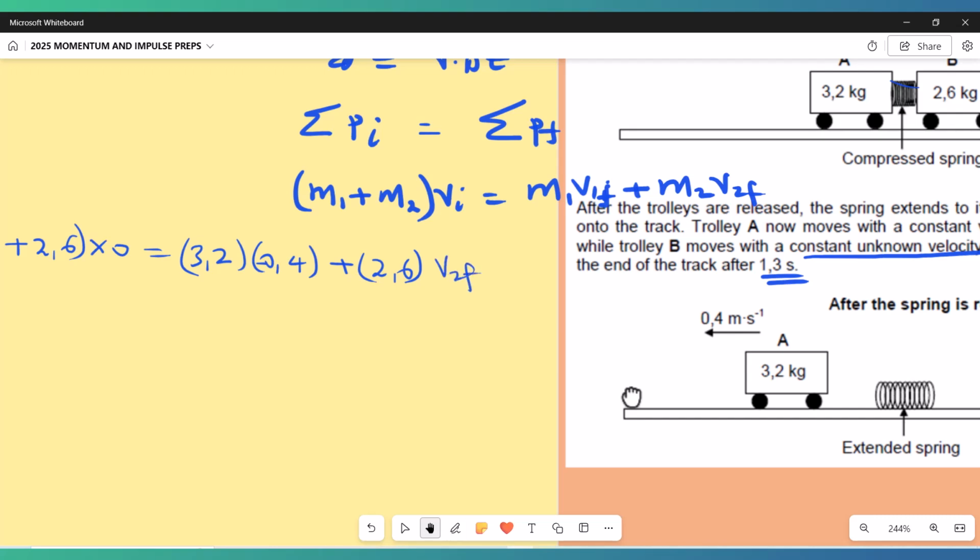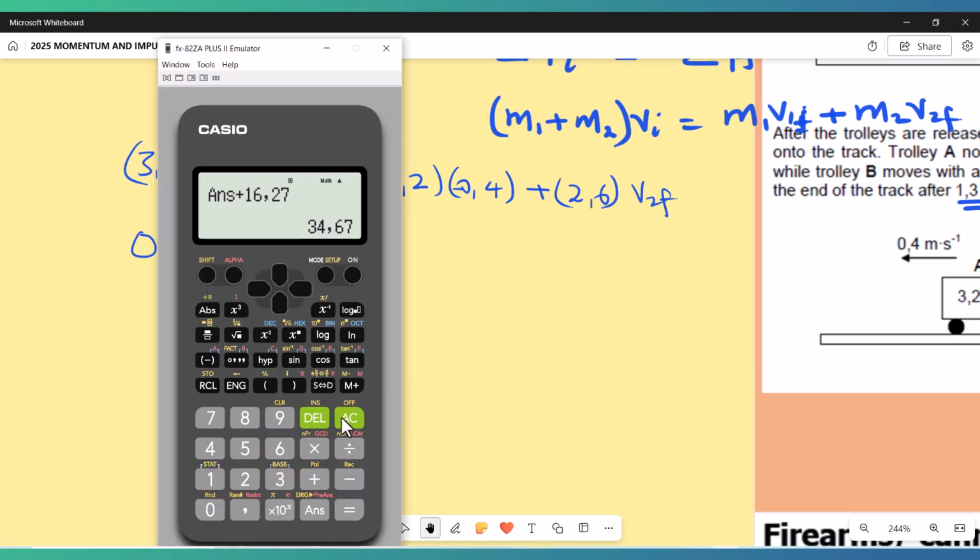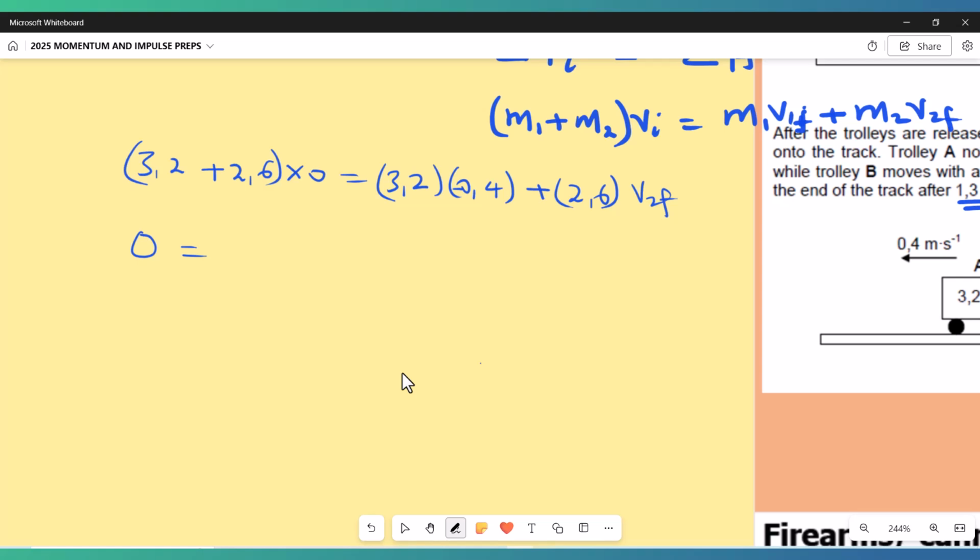This side is going to be 0. What about here? 3,2 times 0,4 gives 1,28, so negative 1,28, plus 2,6 V2 final.